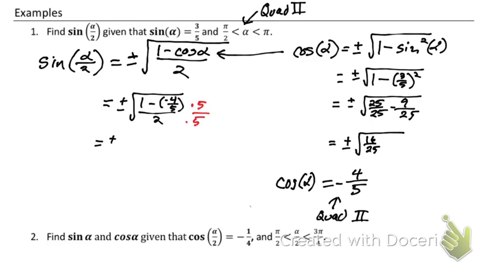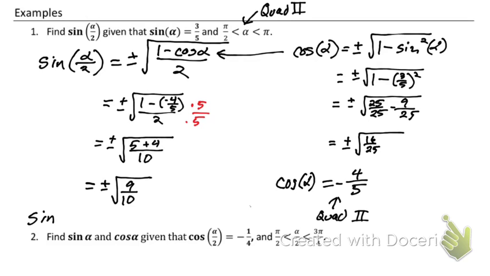So that's going to equal plus or minus the square root of, we'll have 5 minus a negative, so that's actually a positive, 4 over 10. Well, that's going to equal plus or minus the square root of 9 over 10.